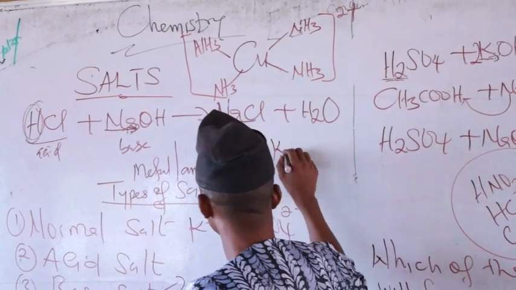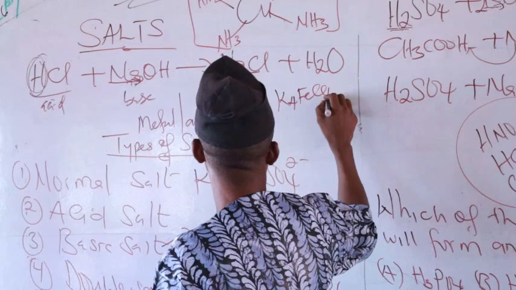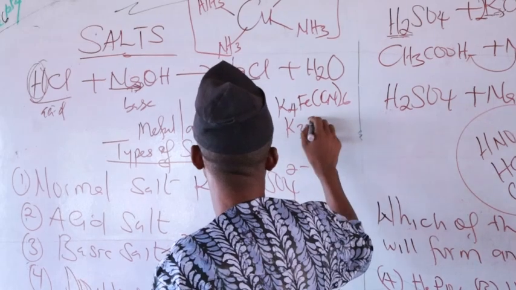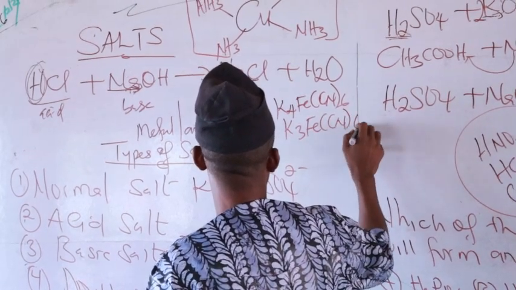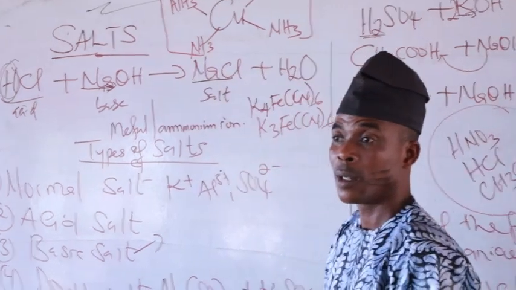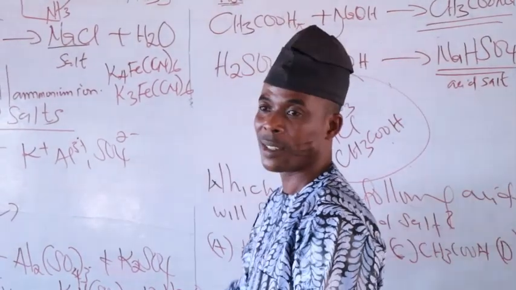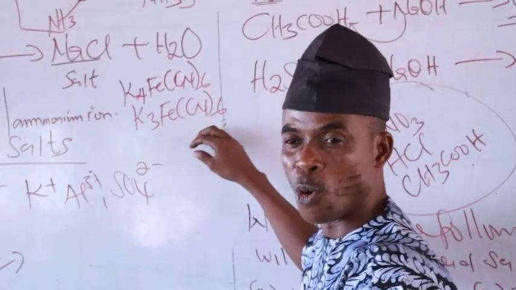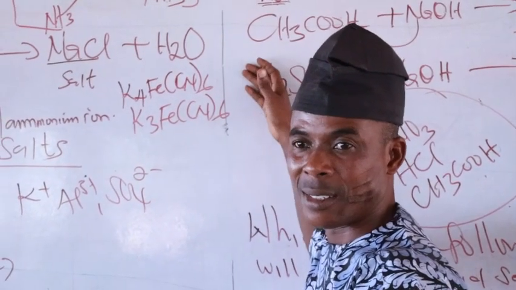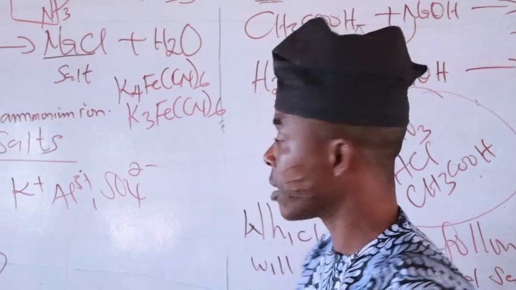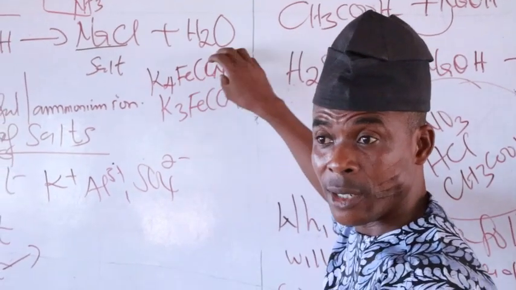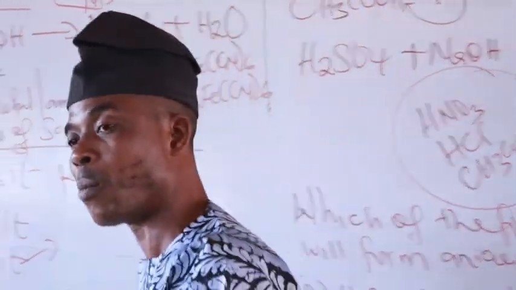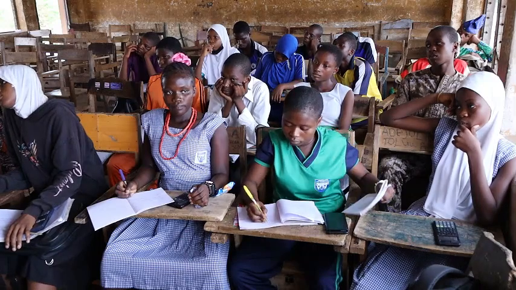Another example is potassium hexacyanoferrate(II), or you can have (III), K3Fe(CN)6. In these two compounds, which will be the central atom? Iron. Which one is going to be the ligand? Cyanide. The central atom here is iron, and the ligand, the atom attached to it, is the cyanide. So they are referred to as complex salts.